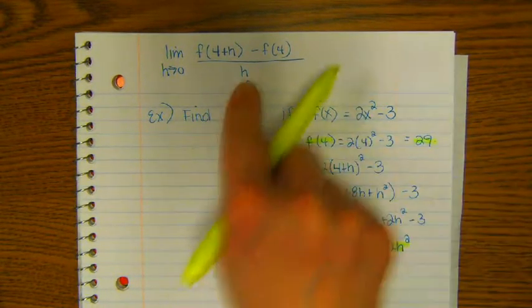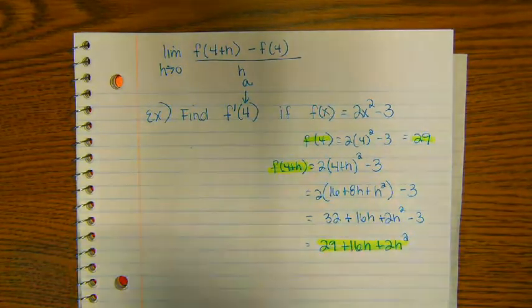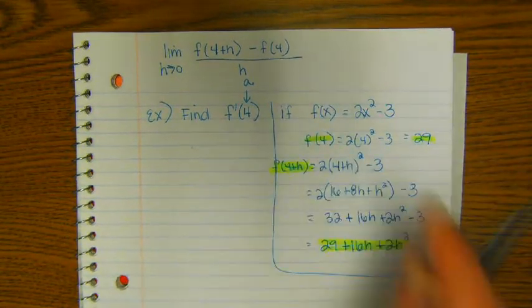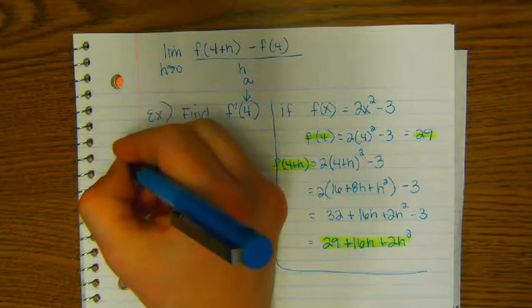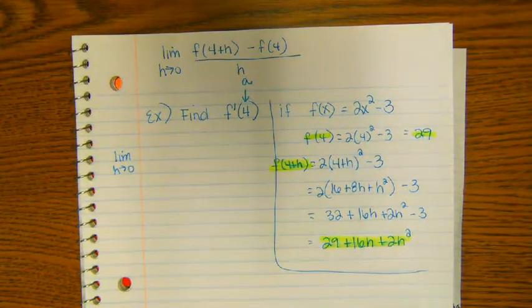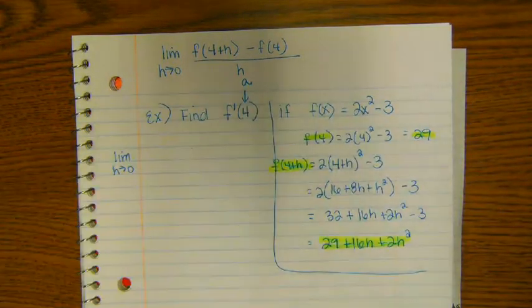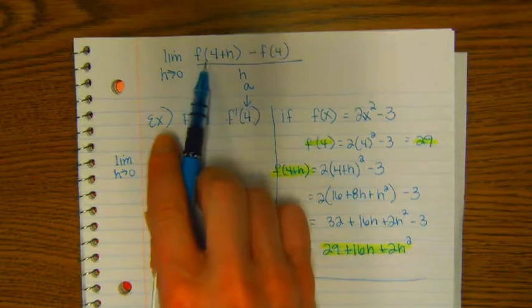So here we go. This was my little algebra work. Often it's not the calculus that gets people in calculus, it's the algebra, because you have to do all this other work to get to the limit. So I'm going to write f of 4 plus h. So what am I going to put in that spot?